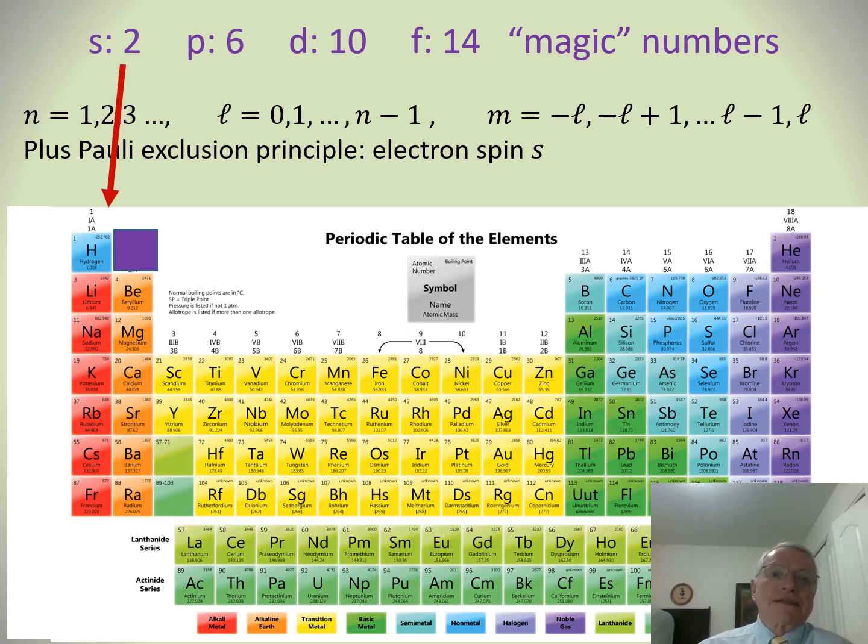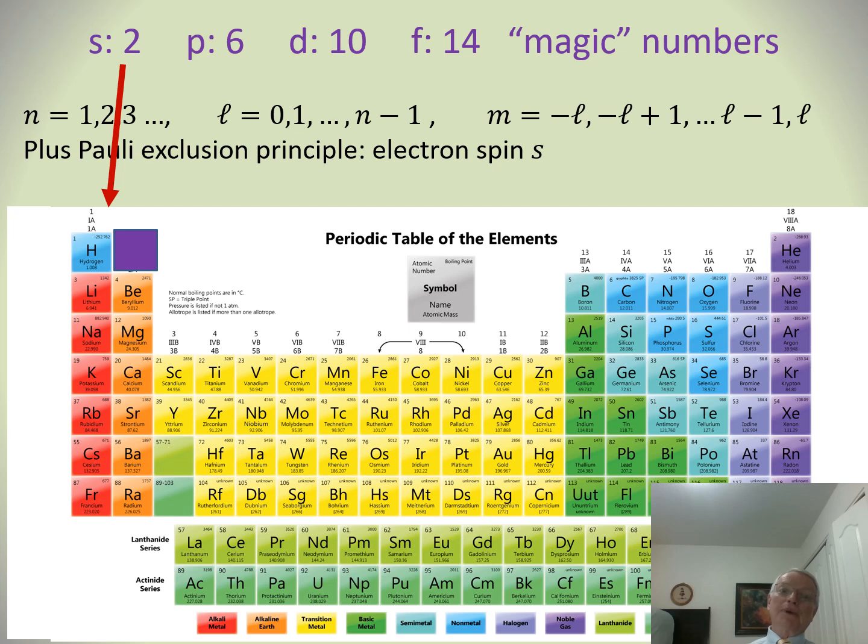The S states are the first 2 vertical columns of the periodic table. There are 2 of them because the S state has a quantum number of L equals 0, so you'd think you could only put 1 electron in there because that's one state. But the spin of the electron could be either up or down in that L equals 0 state.